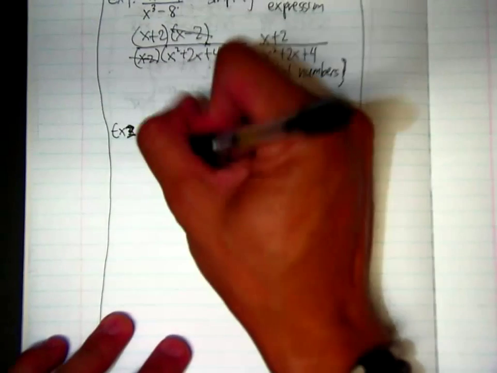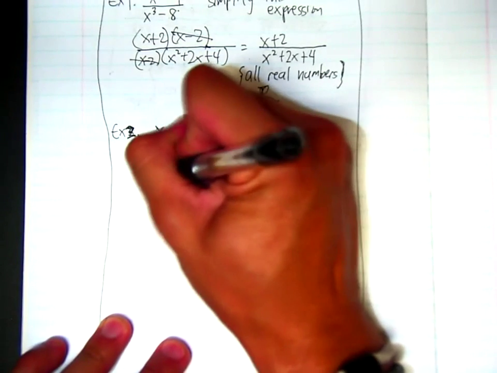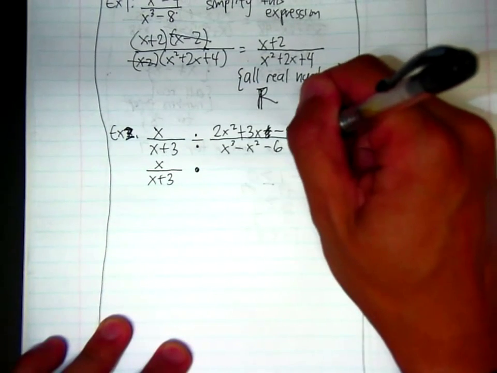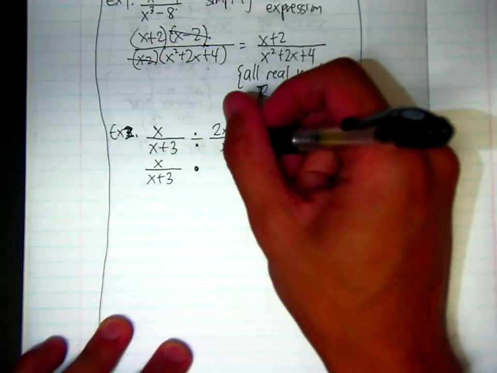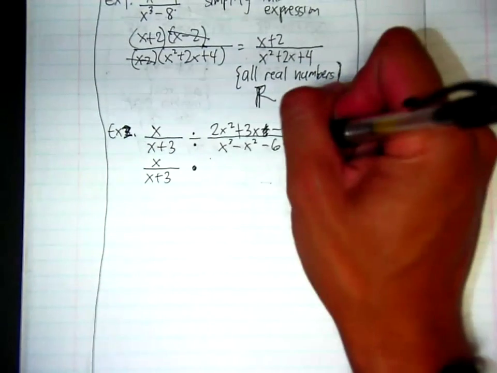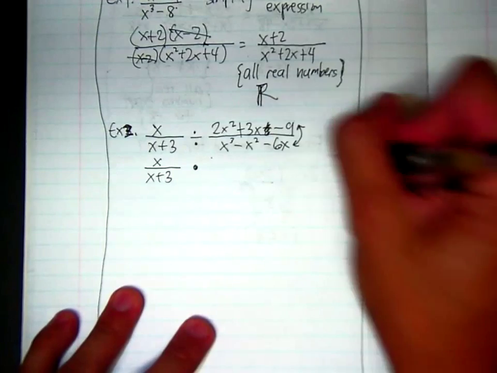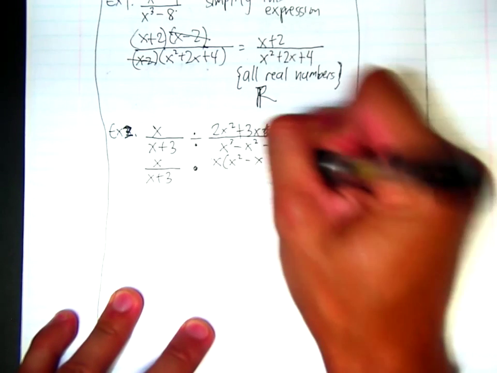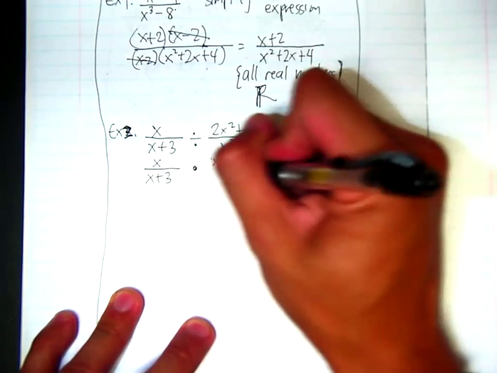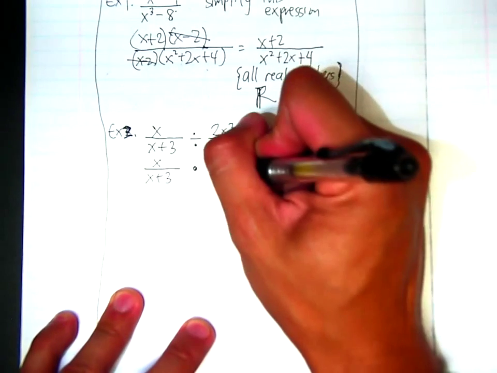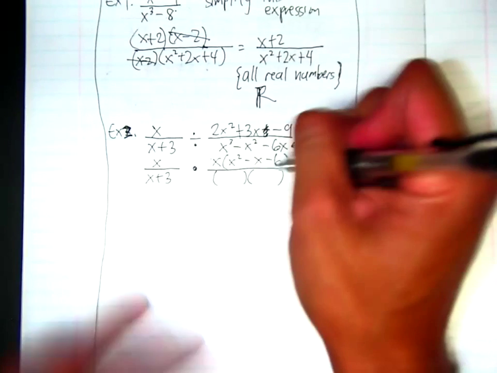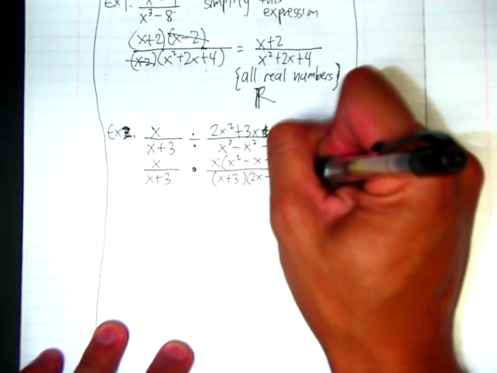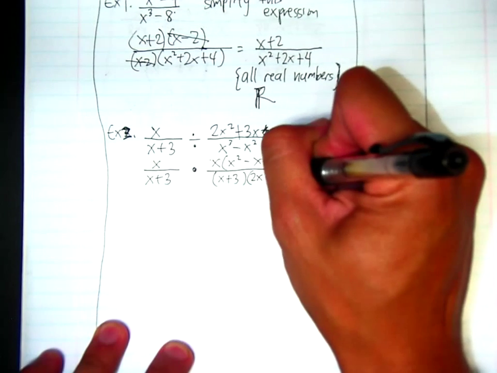factor everything. So x is already factored, x plus 3 is already factored. I'm going to put multiply. Now I'm going to flip these two. So this is going to go to the bottom, and this is going to end up at the top. So if I look at this, I have an x here. I'm going to factor out an x. So I'll have x squared minus x minus 6 over, and if I factor this correctly, it will be x plus 3, 2x minus 3.